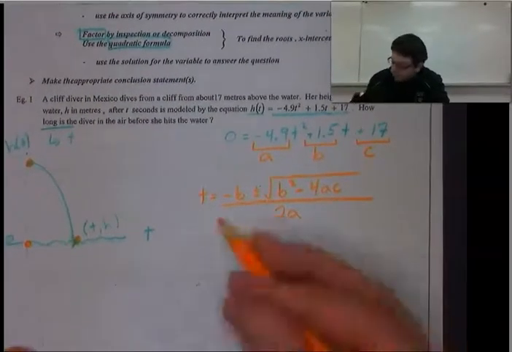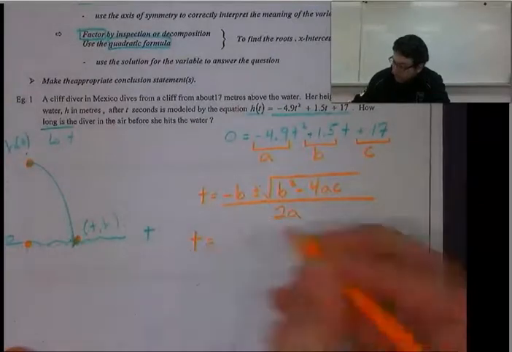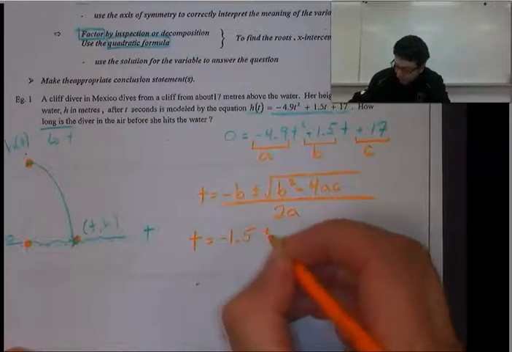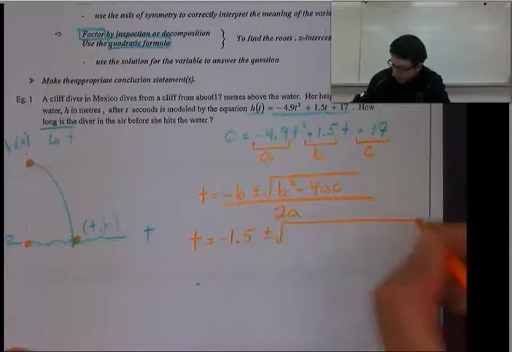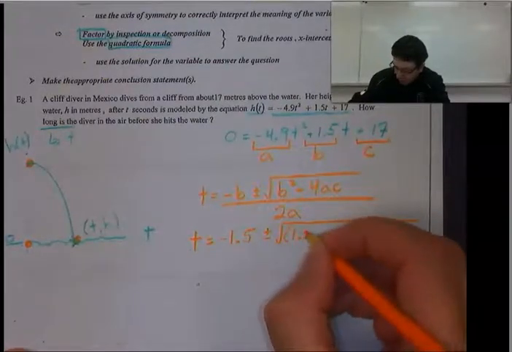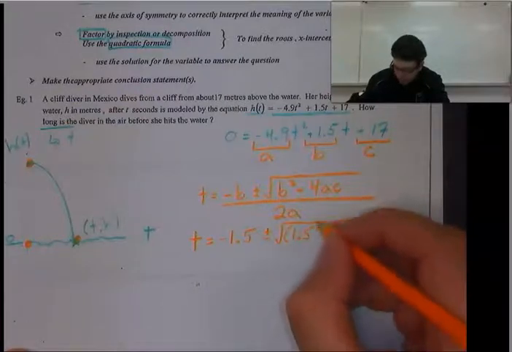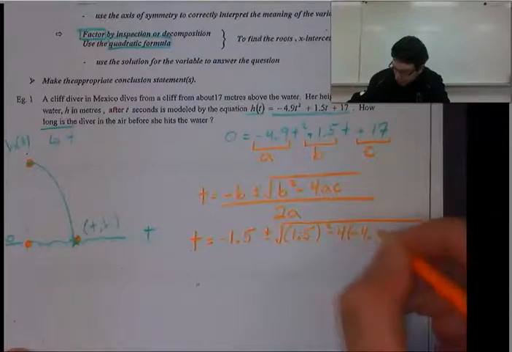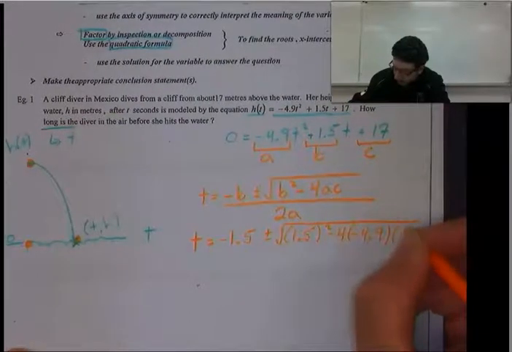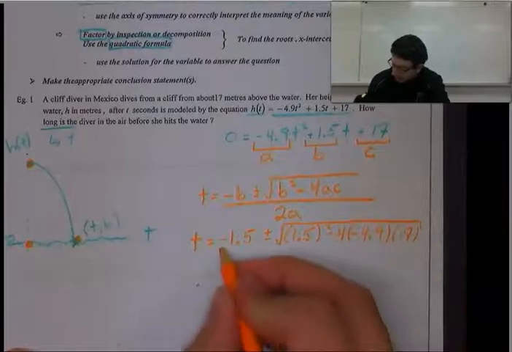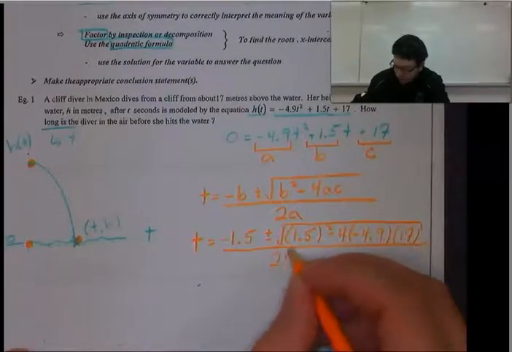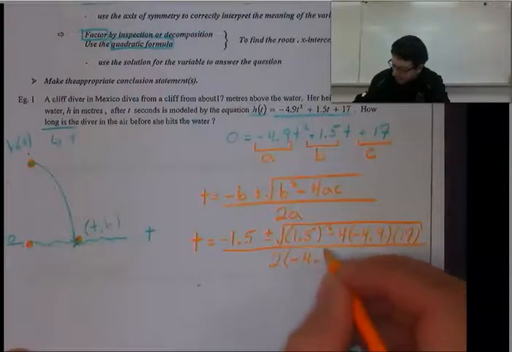So solving this one, you have minus b, so minus 1.5 plus or minus the square root of 1.5 squared minus 4 times a, which is negative 4.9, times c, which is 17, all divided by 2 times a, which is, again, negative 4.9.